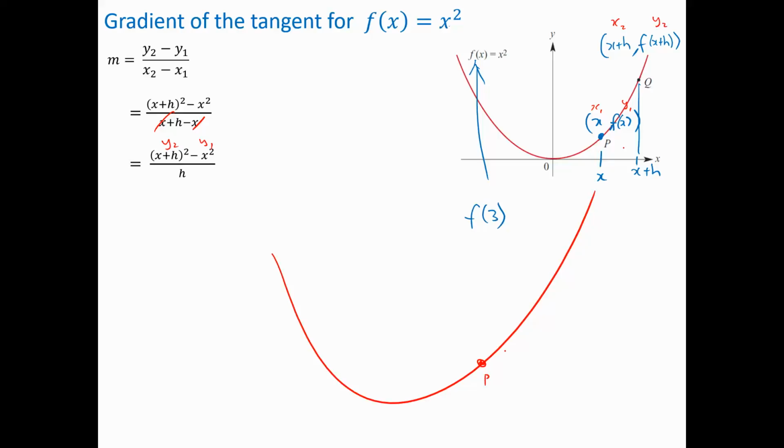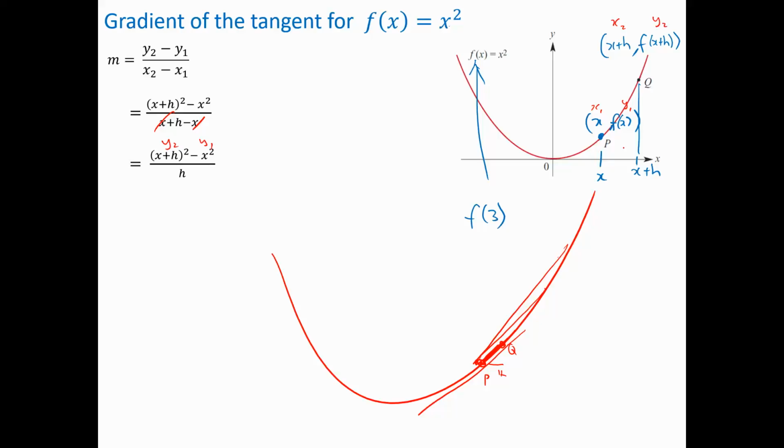Let's say this is P, and I made h this distance, and that's Q now. Instead of it being over here, I make it smaller. What you can see is the gradient changes. It changes from here to here to being closer and closer. Now, it's getting closer to the tangent or the gradient at P.